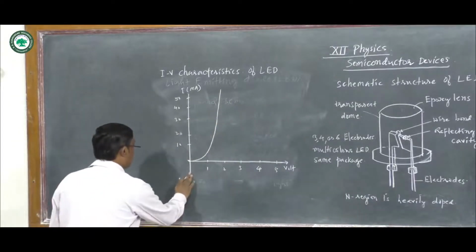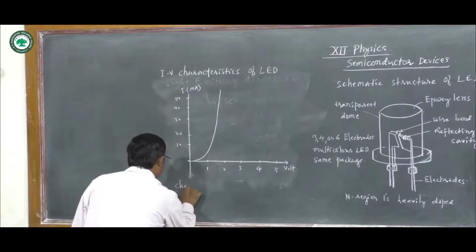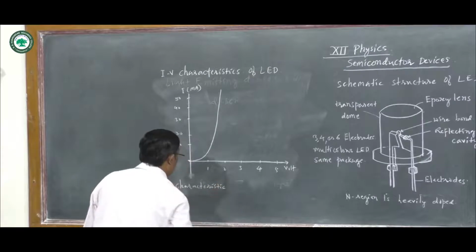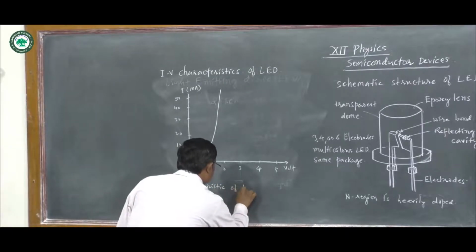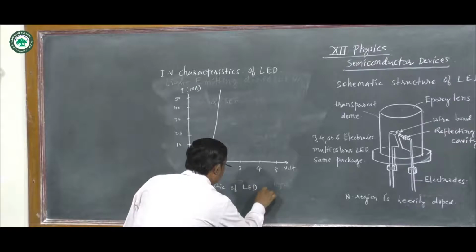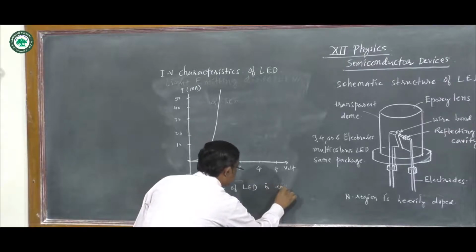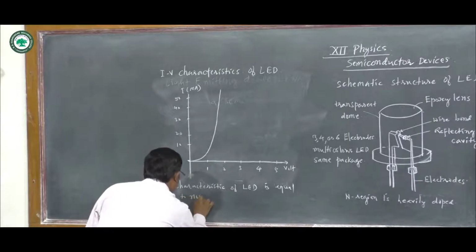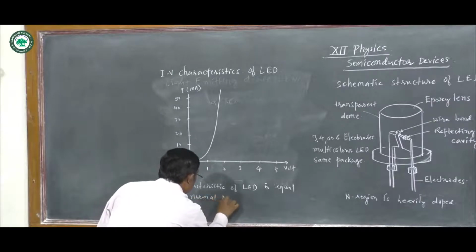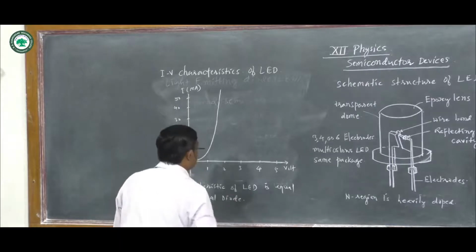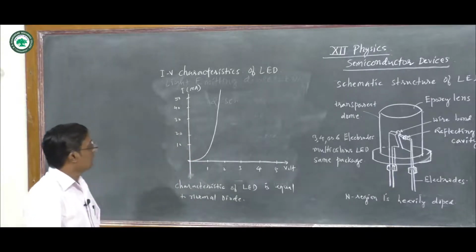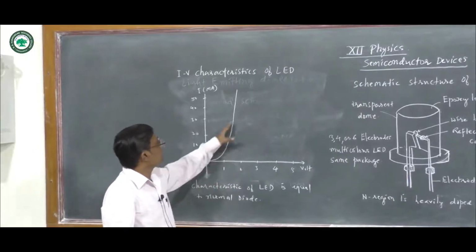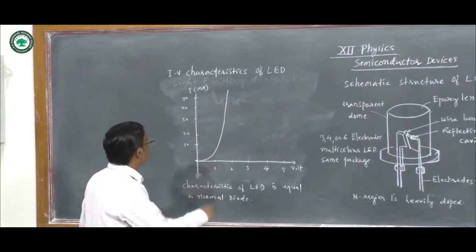The characteristic of the LED is equal to the normal PN junction diode. As we go on increasing the voltage, the current increases in this manner.